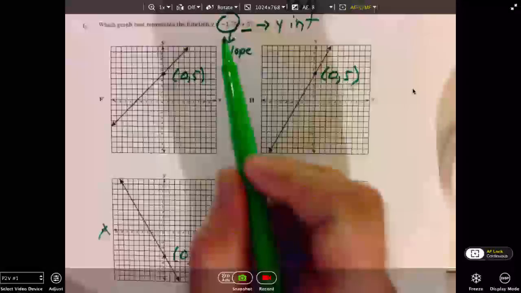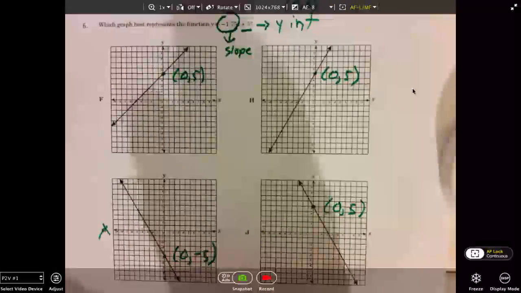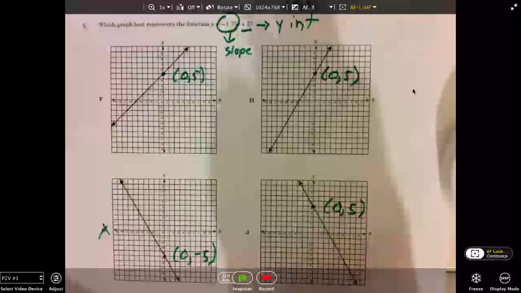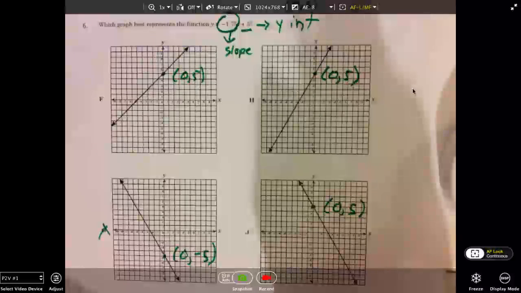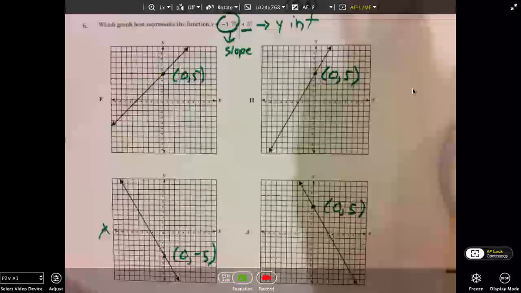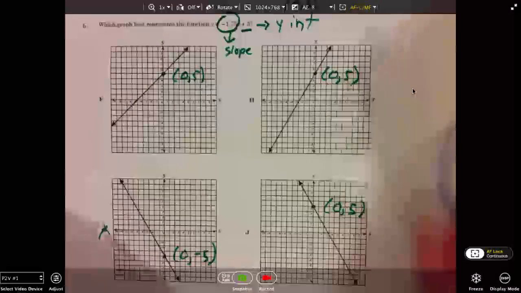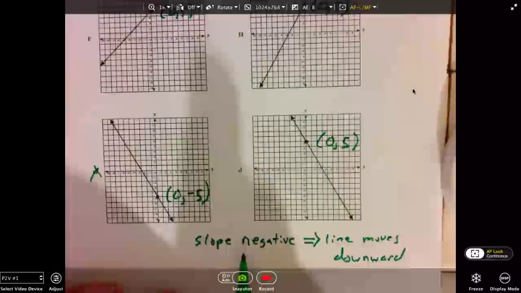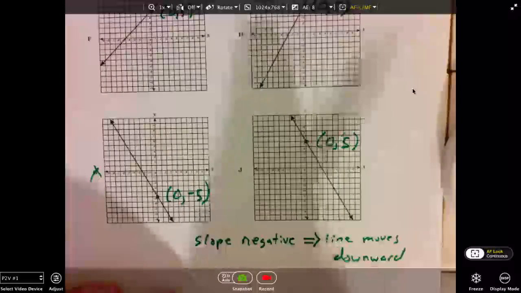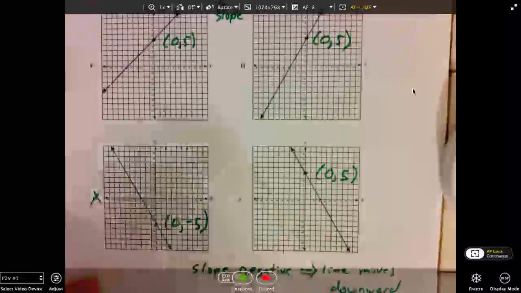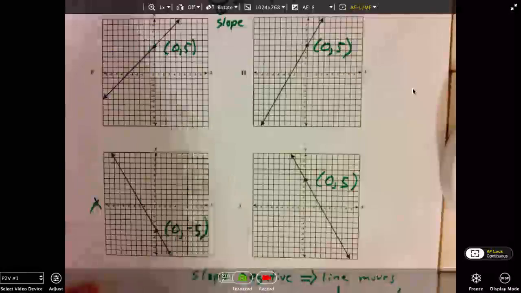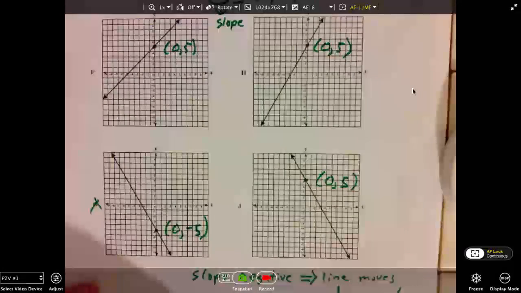In this case, since the slope is negative, the line moves downward. So of the three we have remaining, F, H, and J, only one shows the line moving down.